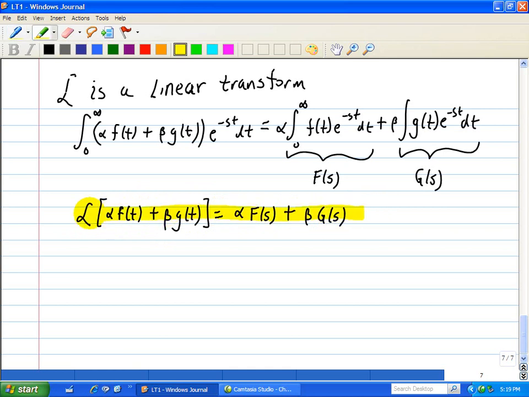So this expression here is what we mean by a linear transform. A linear combination of functions, when you take the Laplace transform, turns out to be the linear combination of its Laplace transforms. And we'll see some examples on how we apply this concept.